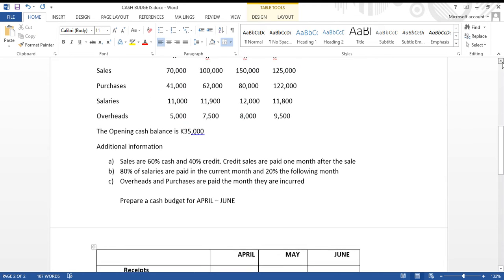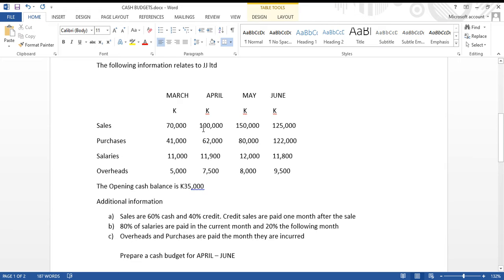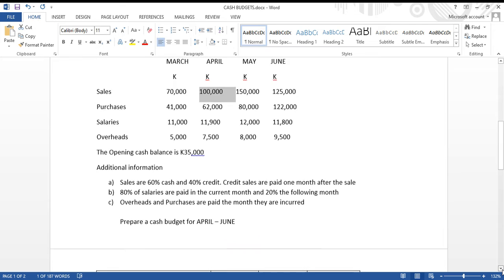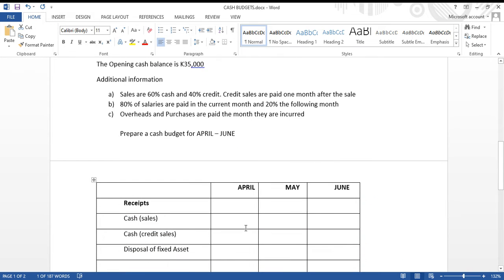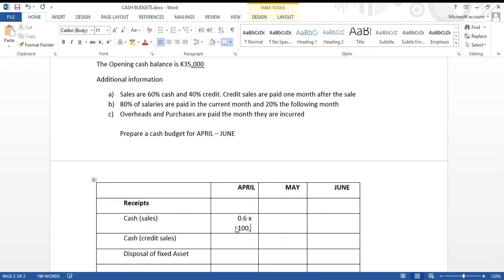So let's go to our sales for April. 100,000. So 60% of 100,000 will be cash. We collected as cash. So we say 0.6 times 100,000. 0.6 is just the same as 60%.